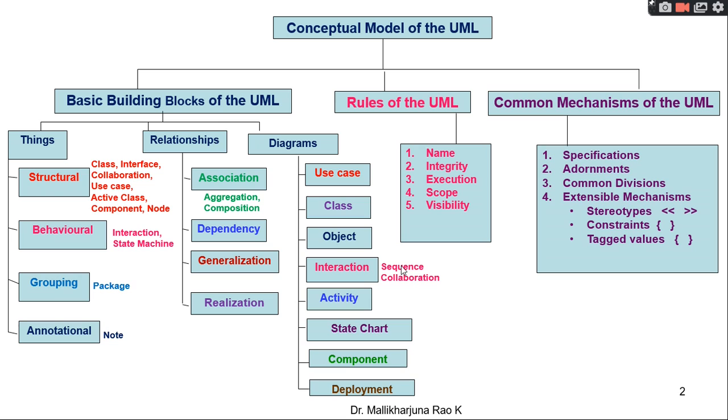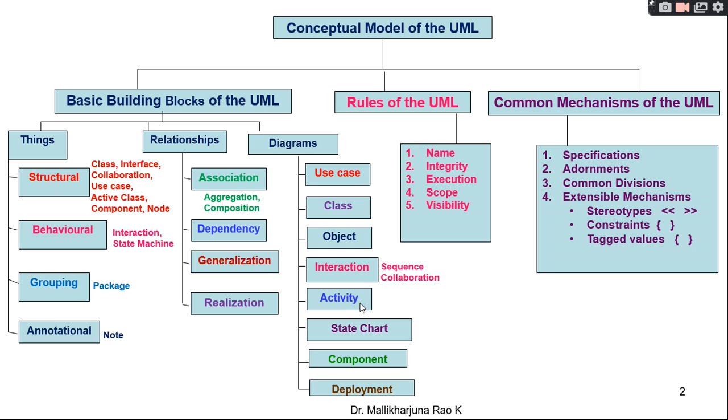So both are interaction diagrams. The next one is the activity diagram. If you take any software application, sometimes we execute two or three programs in parallel. That is nothing but multitasking, multi-programming.